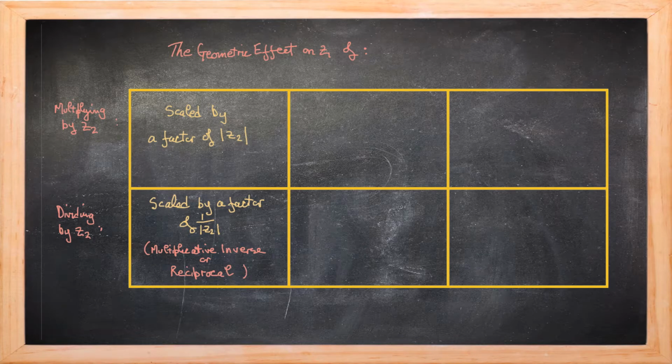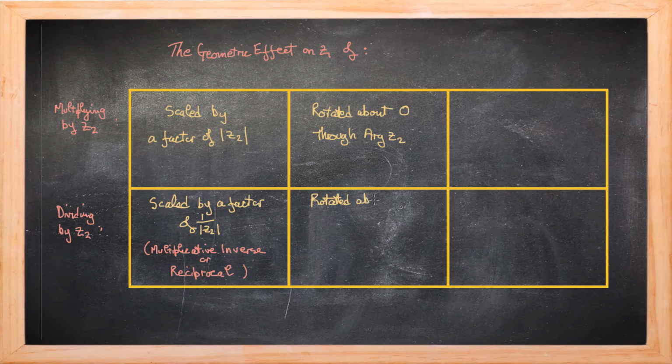And then if we move to rotations, if we multiply by z2, then z1 will be rotated about the origin through an angle of arg z2. That's the principal value of the argument of z2.